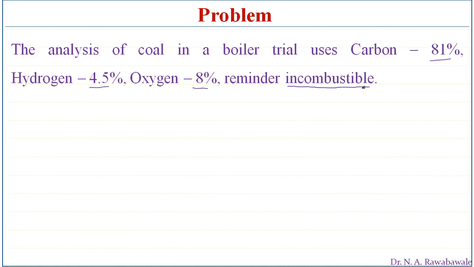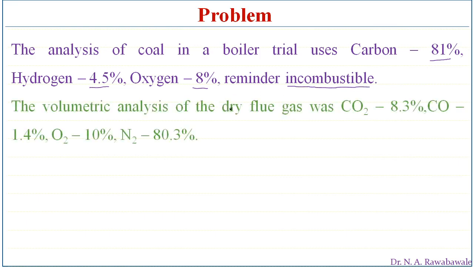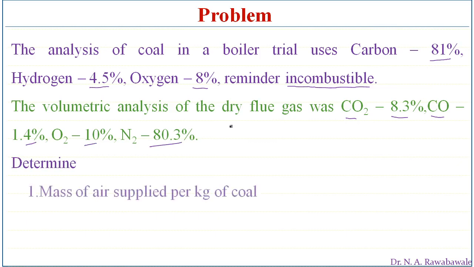The volumetric analysis of dry flue gases was carbon dioxide 8.3%, carbon monoxide 1.4%, oxygen 10%, and nitrogen 80.3%. Determine the mass of air supplied per kg of coal and the percentage of excess air.